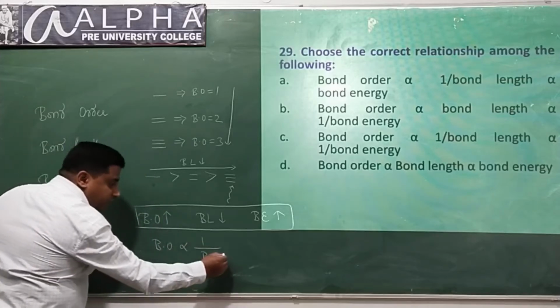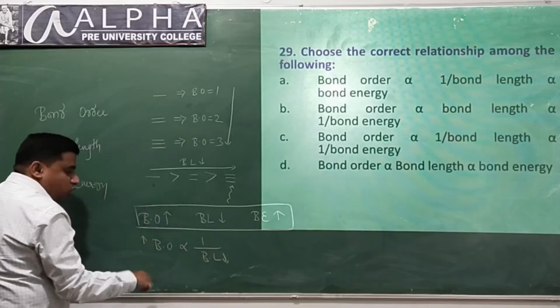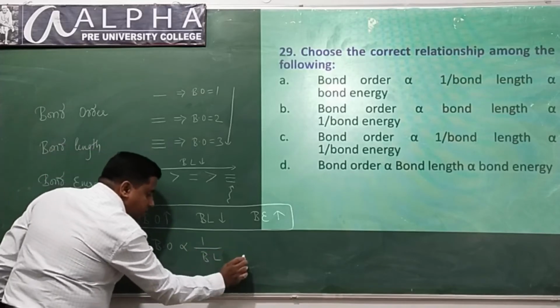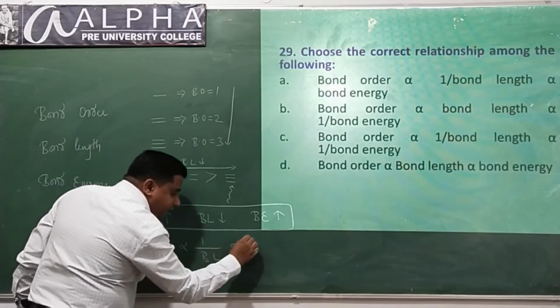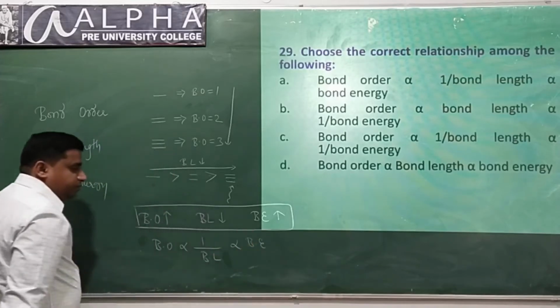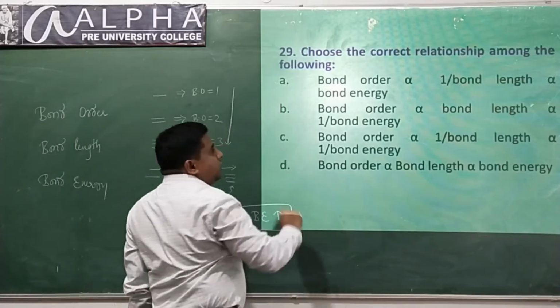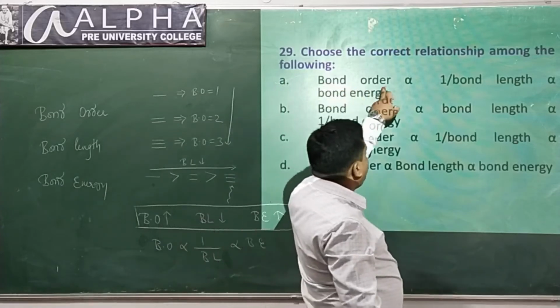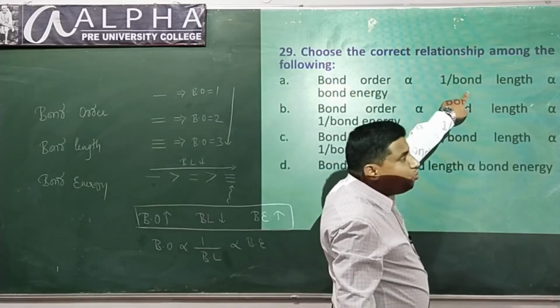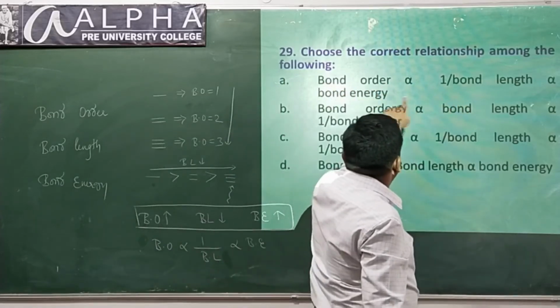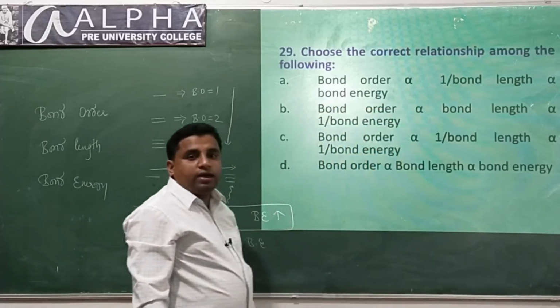Yes. So the lesser the bond length, the more the bond order. Can I say bond order is directly proportional to bond energy? Yes. So the answer is option A. Bond order is inversely proportional to bond length, but directly proportional to bond energy.